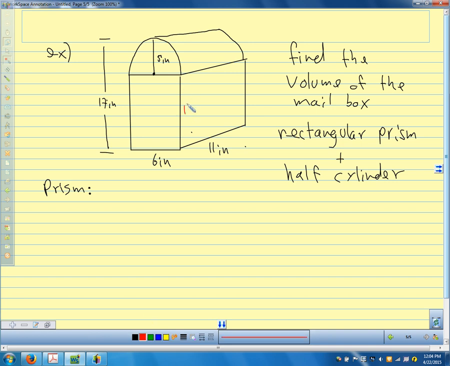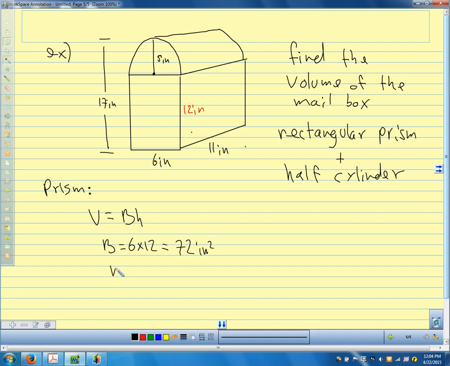So that's 12 inches. So the volume equals area of the base times height. Our base is 6 times 12, and 6 times 12 is 72 square inches.